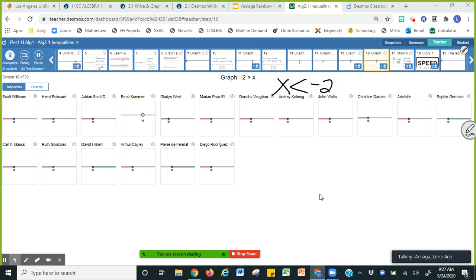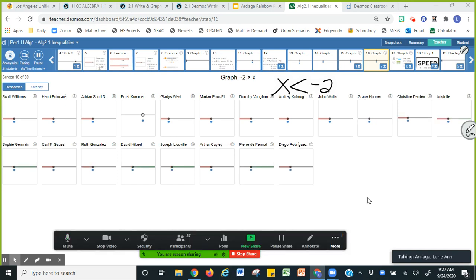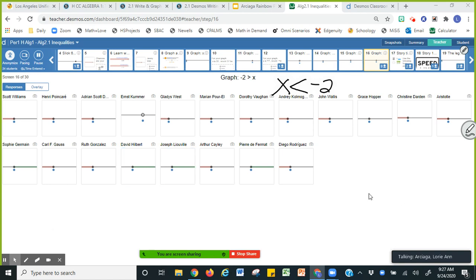I'm gonna mention some names. You have to fix your slide because it's not showing the right direction for the shade. David, if you are named David right now, Sophie, you have to fix the direction. Pierre de Fermat. Oh, these are some famous people, famous mathematicians and historians.